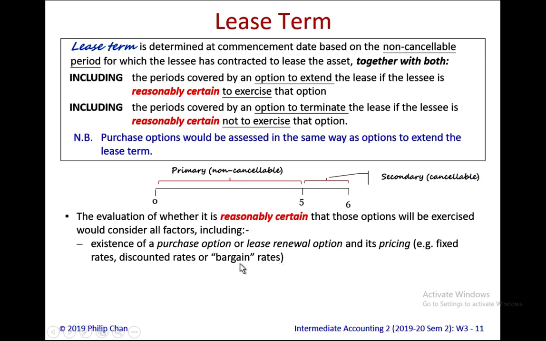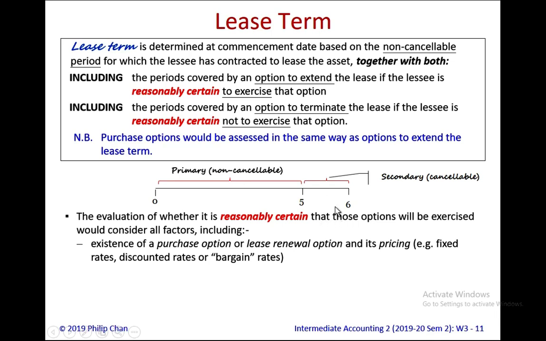So in other words, are they cheap? If the rental set at year 6 is going to be very cheap as compared to the estimated market rental payment within year 6.